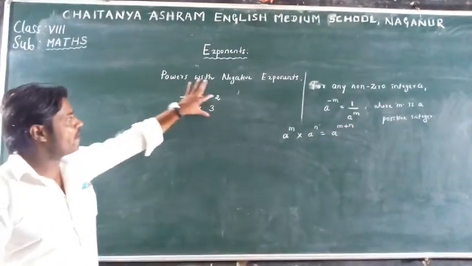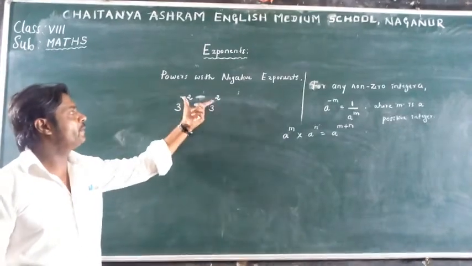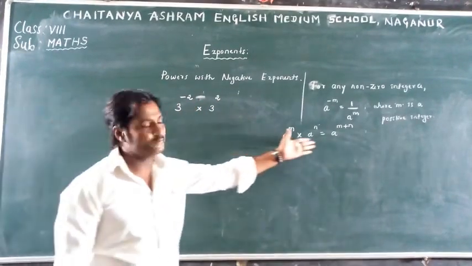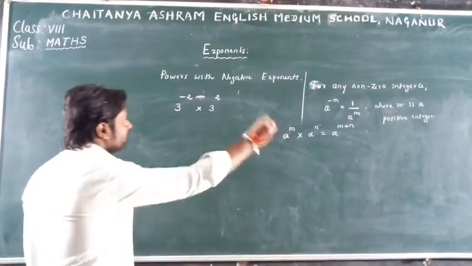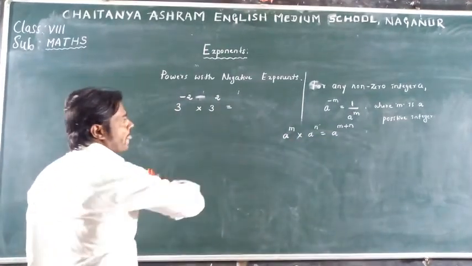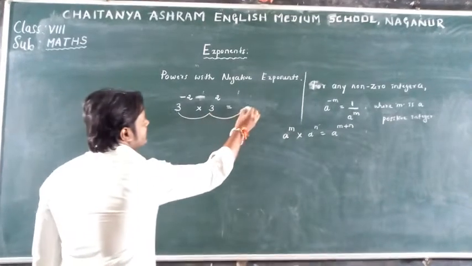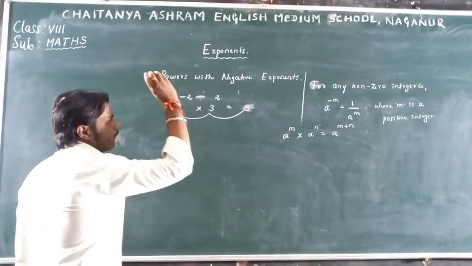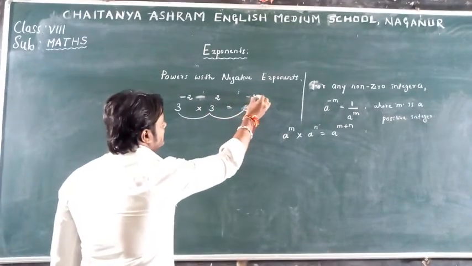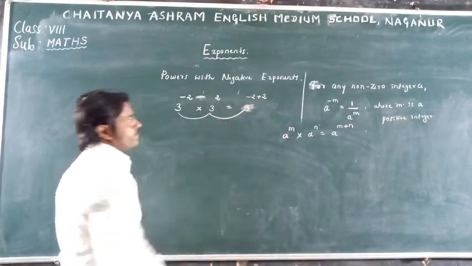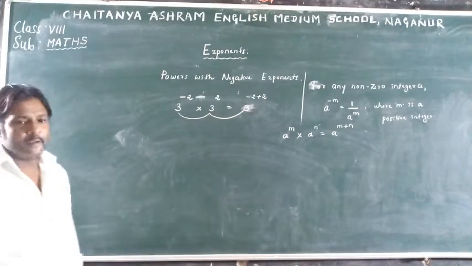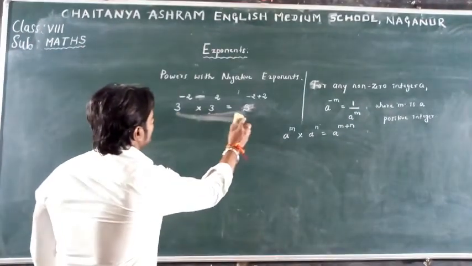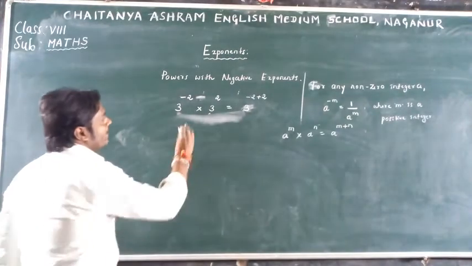These two exponents have the same base and different powers. How to multiply those two exponents? By using the first law. So according to the first law, write the base as it is, 3, and add the powers: minus 2 plus 2. Clear? In the next step, simplify.